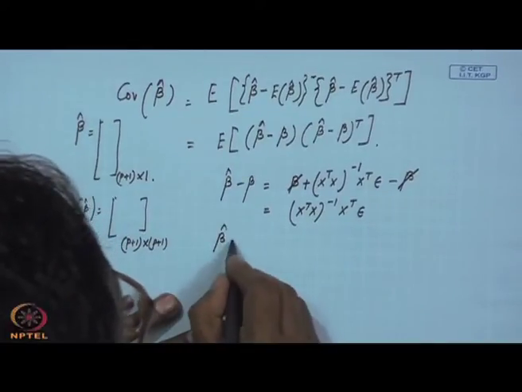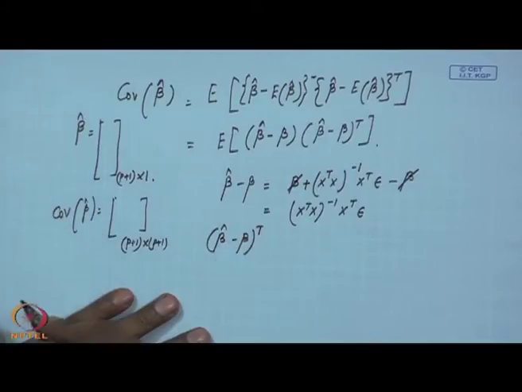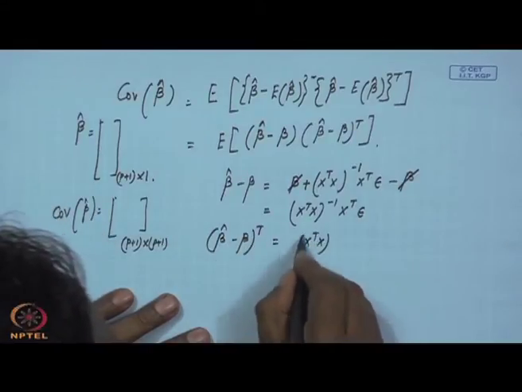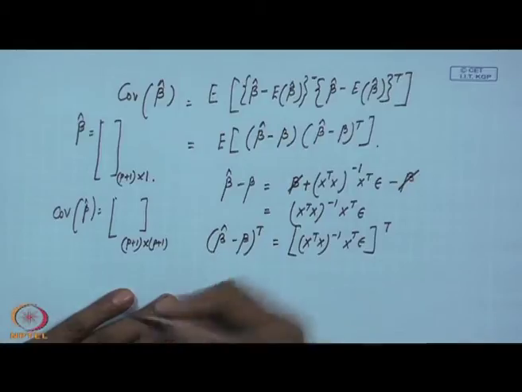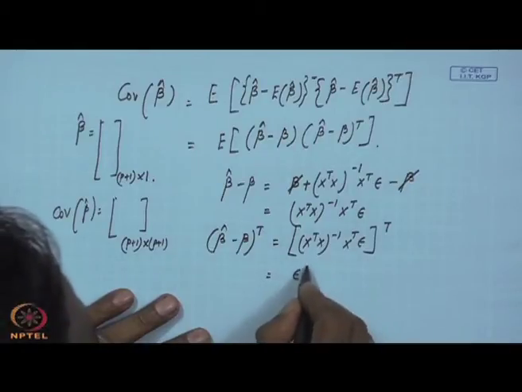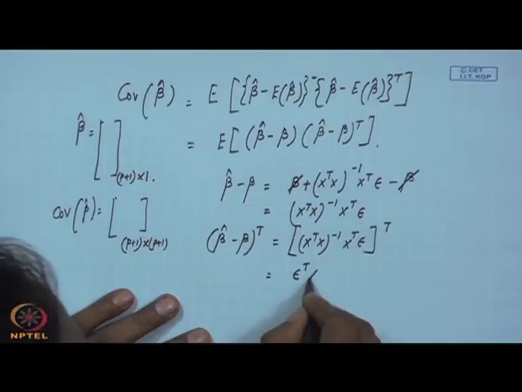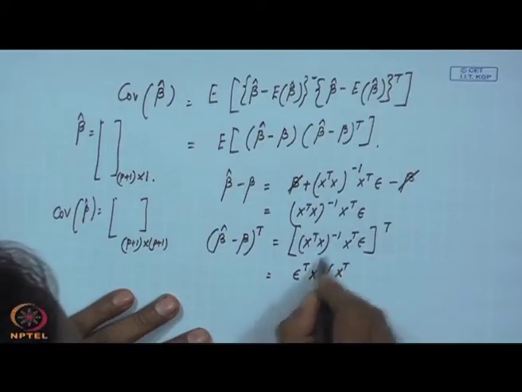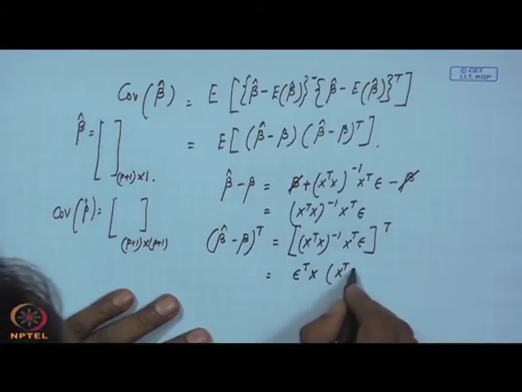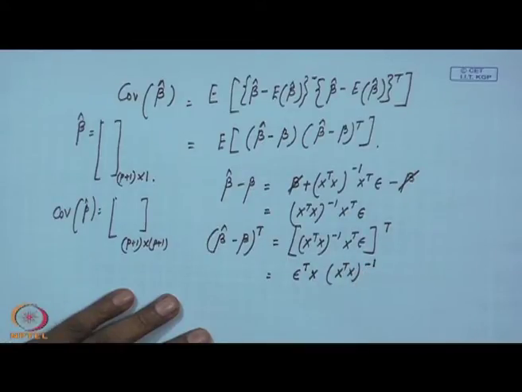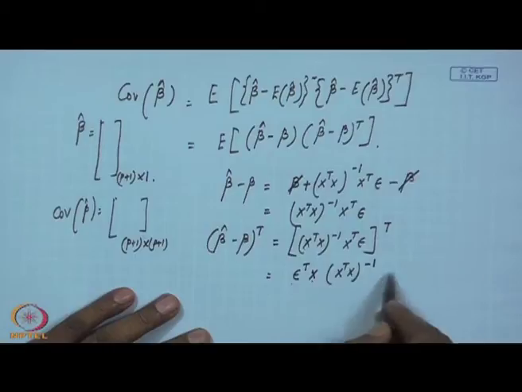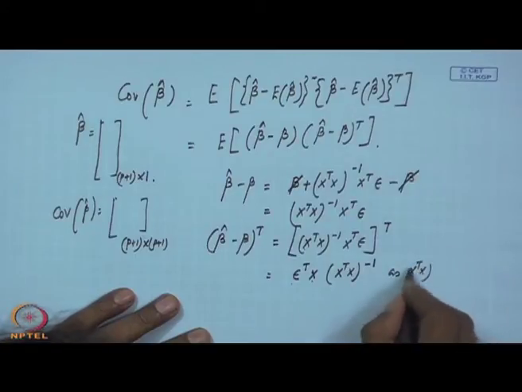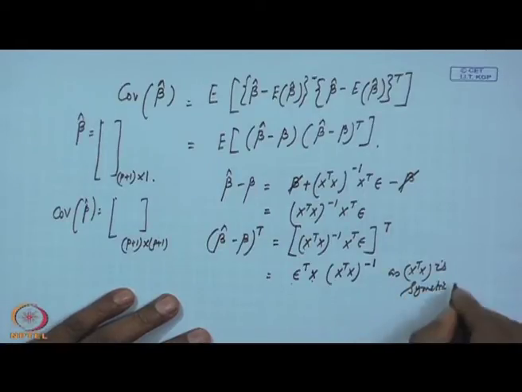Then (beta cap minus beta) transpose will become ((X transpose X) inverse X transpose epsilon) transpose. When you take the transpose, it will be in reverse order. So, epsilon transpose X, and (X transpose X) inverse will remain, because X transpose X is symmetric and definitely square also.